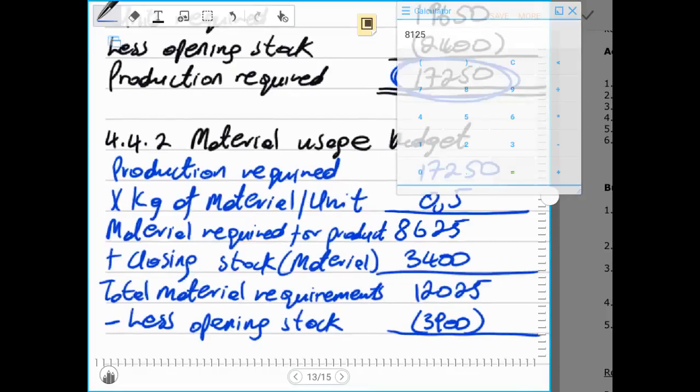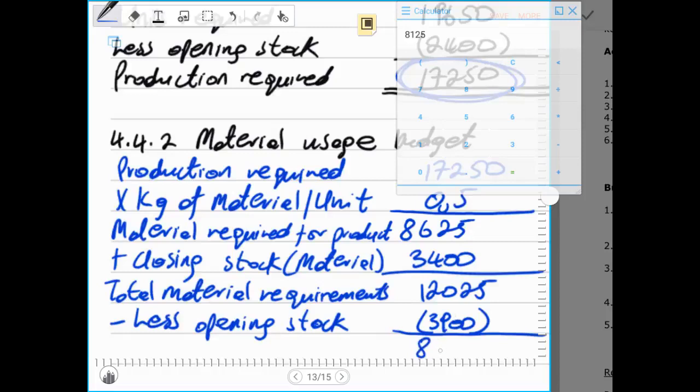Then this gives us the total of 8,125, and that is the material that should be purchased. Purchases in kgs. This is the material that we need to purchase for the current accounting period. The material that must be purchased and be used in production.